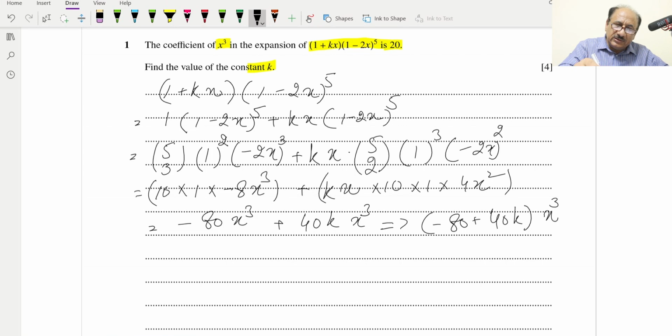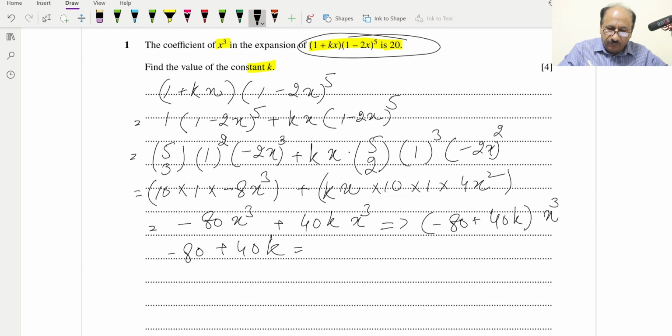Now the question has given us the detail that the coefficient of x cube in the expansion is equal to 20. So we can write minus 80 plus 40k, which is the coefficient of x cube, and according to the information provided in the question this is equal to 20. And further, now we have to just find the value of k.